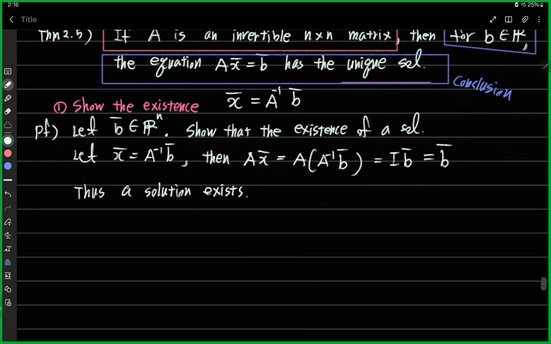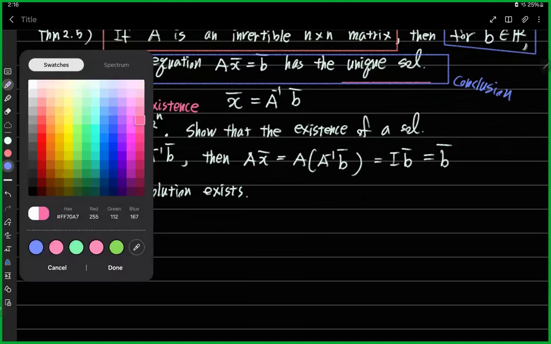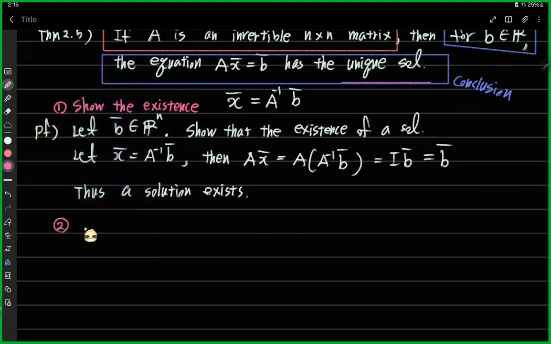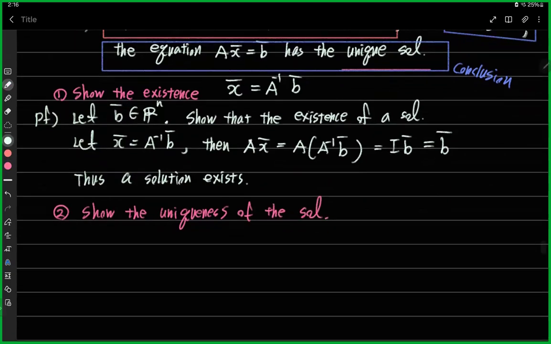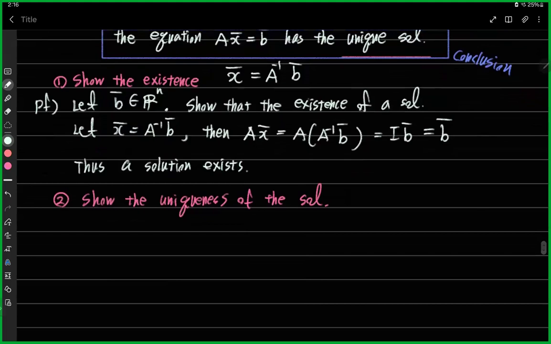Okay, next we show the uniqueness of the solution. So here's a strategy. It's a really general way to show uniqueness.